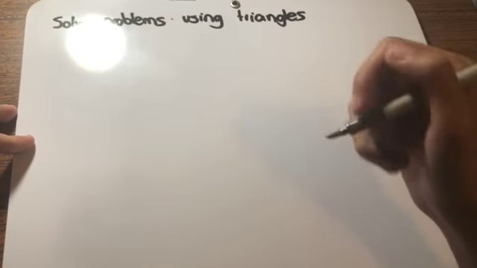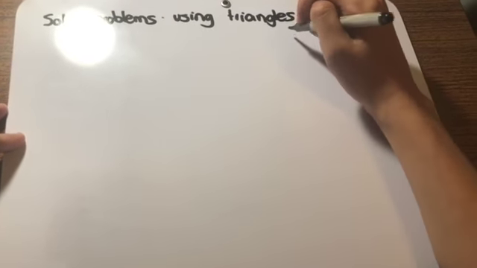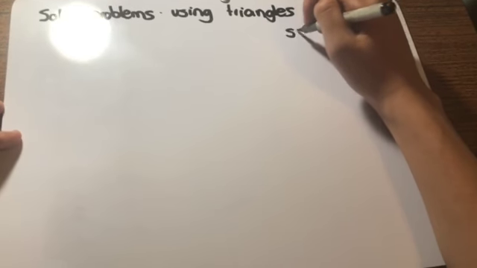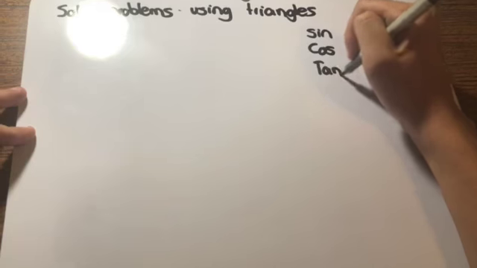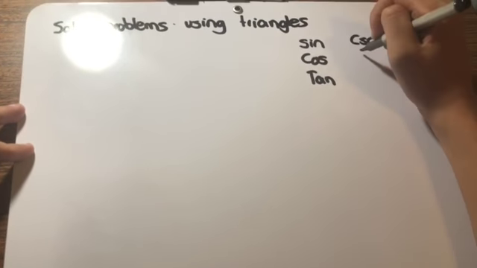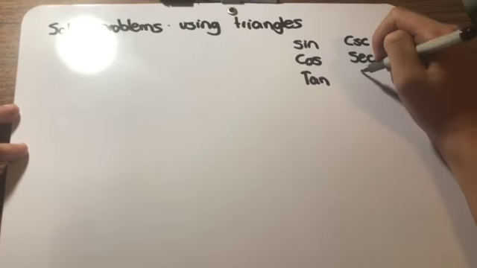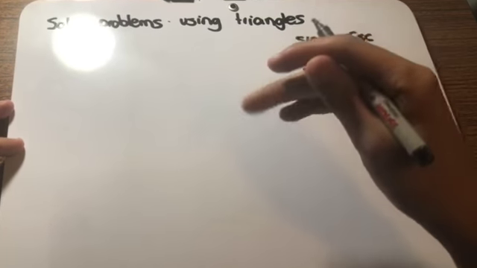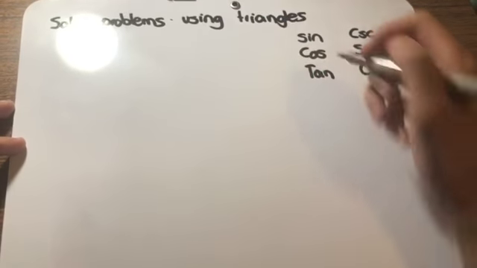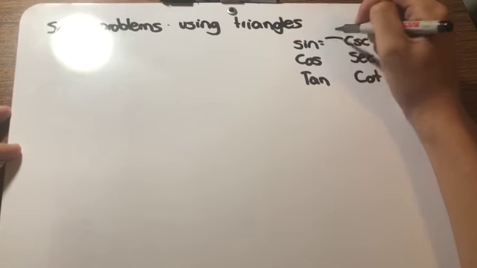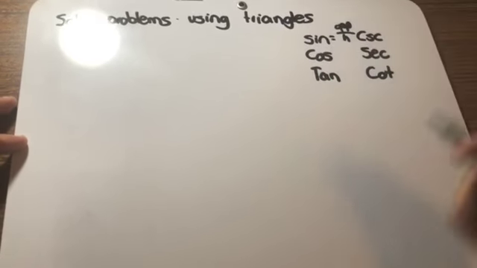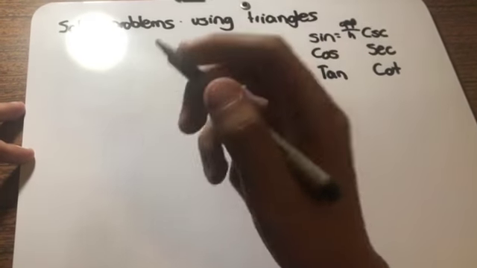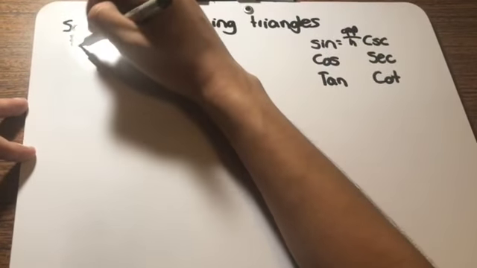So, as we already know, we have 6 trigonometric functions, which are sine, cosine, tangent, cosecant, secant, and cotangent. As my teammates already explained, they include opposite divided by hypotenuse and all that stuff. But today I'm going to show you an example. So, example number 1.